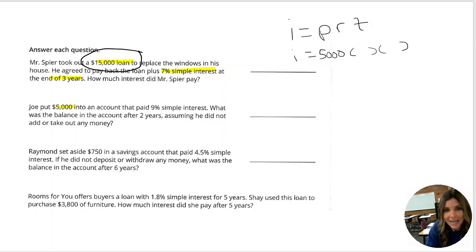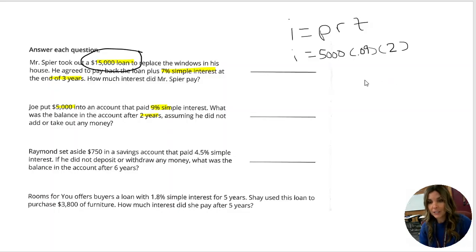Okay, so this time he is making money in interest. So that's a good thing. So interest, when it works in your favor, is a good thing. So 0.09, and then time in years. That's right here. So the time in years is 2 years. So we're going to plug that in here.